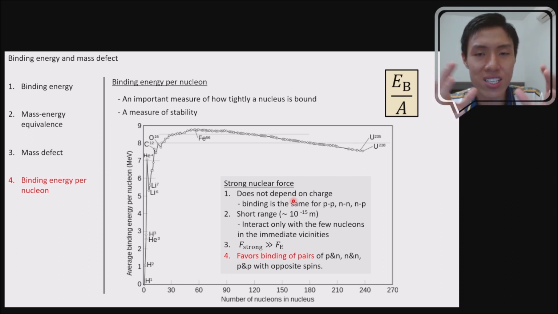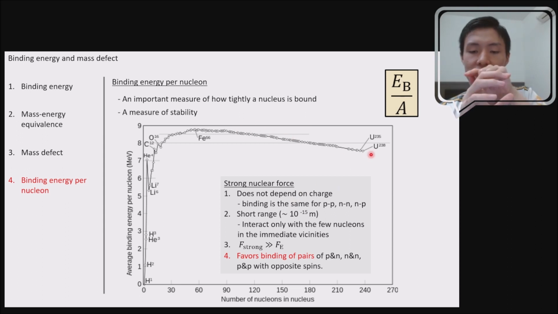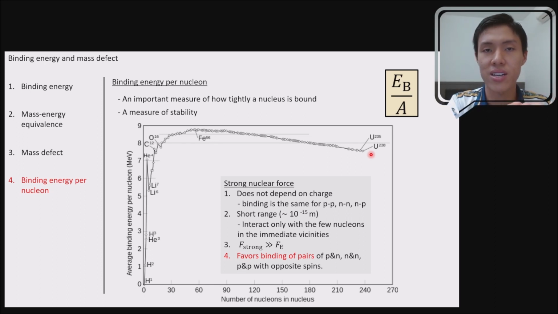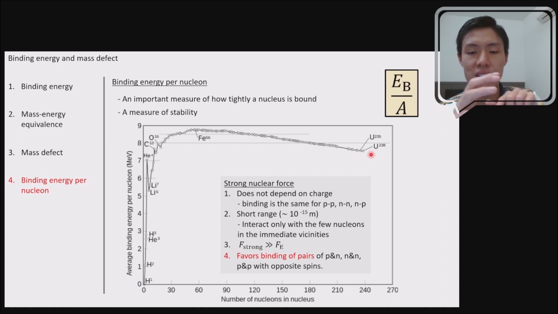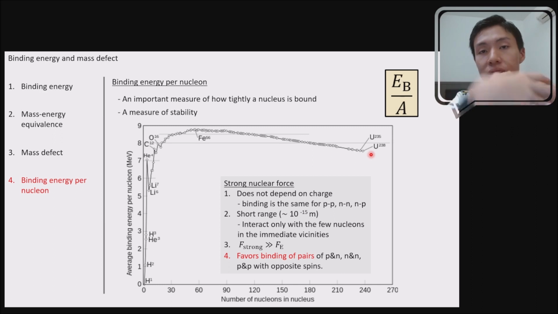If you go larger than that, which is this range over here, your nucleus will be too big, in the sense that the nucleons on the left-hand side cannot really attract the nucleons on the right-hand side. What they can do is only attract the few nucleons that are near them. They can only attract their neighbors, but they are not able to effectively attract all the other protons and neutrons on the other side of the nucleus.